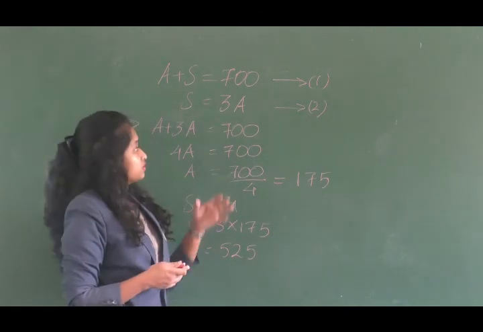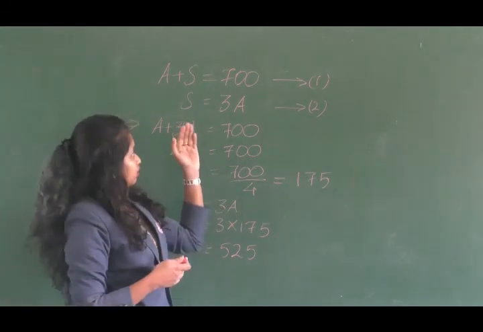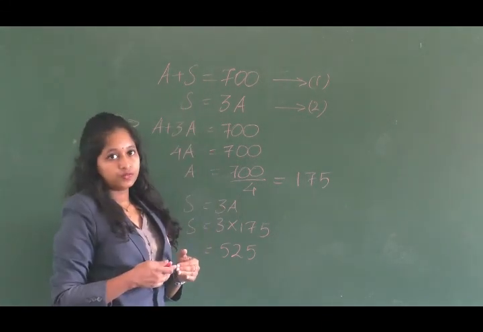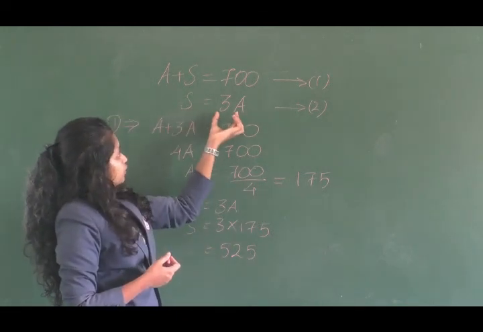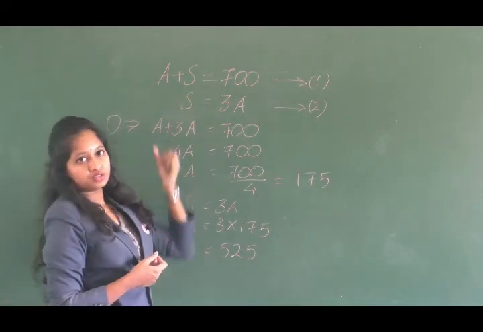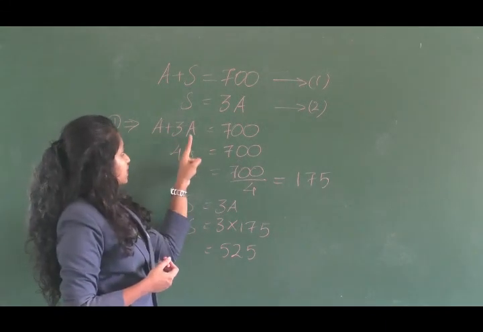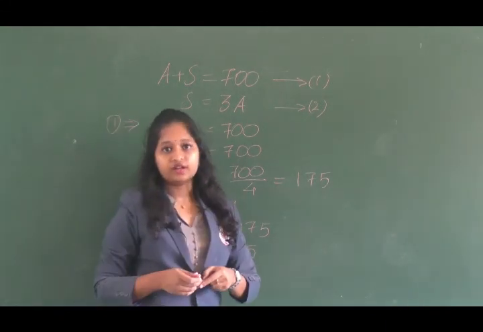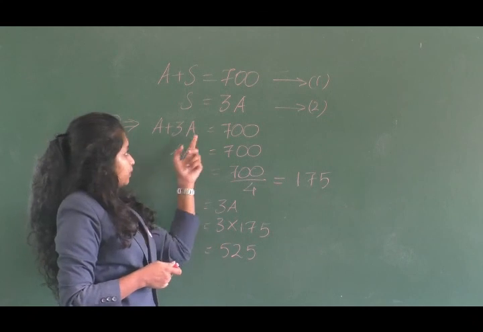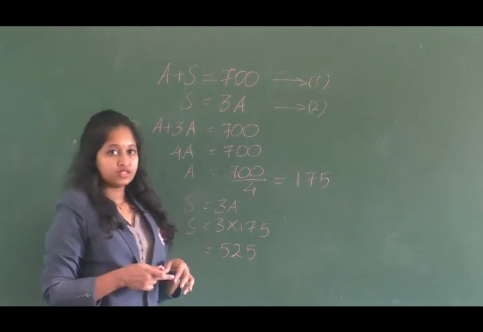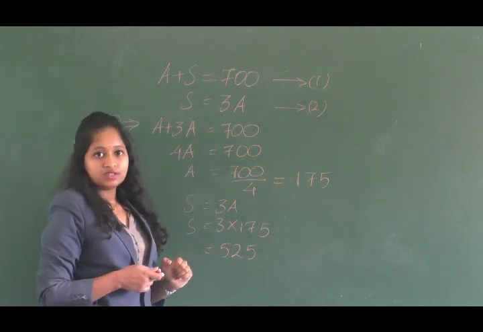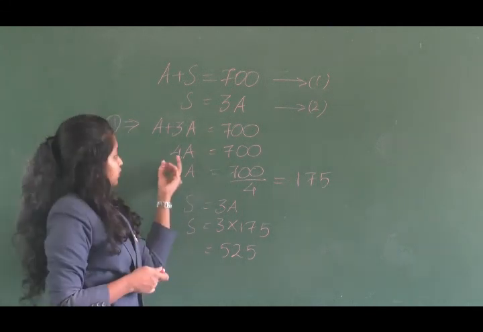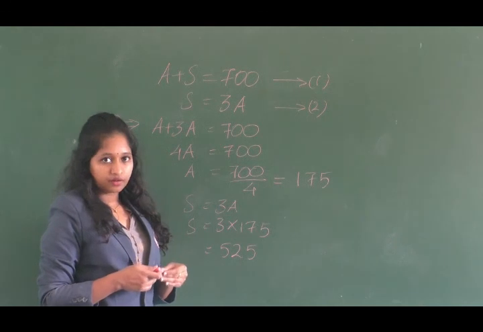Next we have s equal to 3a. Substitute this second equation in the first equation. So what will we get? When you substitute s equal to 3a, this s becomes 3a. So it is a plus 3a equal to 700. What is a plus 3a? These are like terms, isn't it? So a plus 3a is 4a. 4a equal to 700.